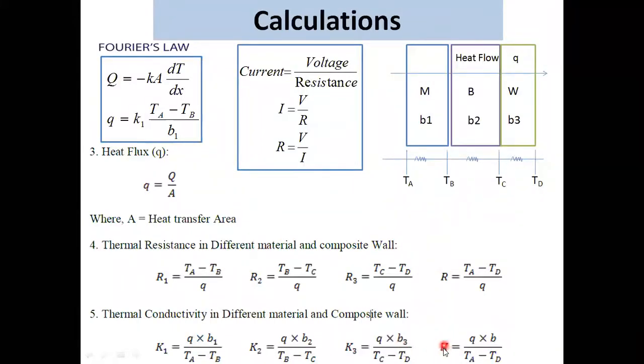And this thermal conductivity K represents the thermal conductivity for the composite wall. So here you have to put the total thickness, that is B1 plus B2 plus B3, and TA minus TD, that is the temperature gradient across all the three slabs. Then you would have the value for the composite wall's conductivity.